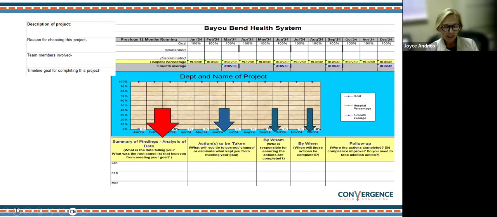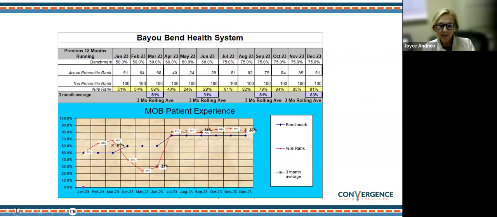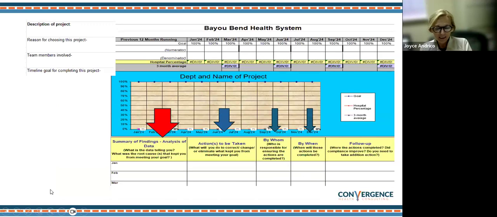Follow up. What that means is, once you have identified the analysis of your data, you've taken the action, you know who did it and by when. Did it work? Have you seen improvement? The actions that you've done, are they giving you the outcomes that you want to see?